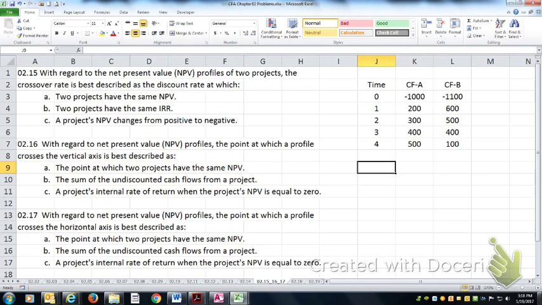So an NPV profile simply takes the net present value at a variety of discount rates.